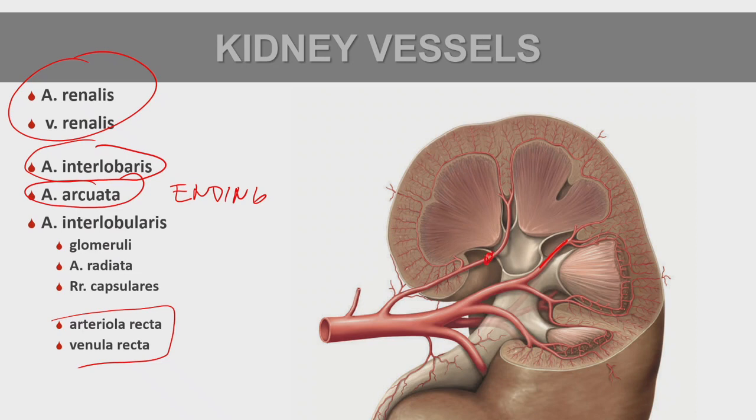And when this vessel is occluded, then the whole territory is ischemic, forming an infarction, forming a scar after infection, etc. So it's a little bit similar to the spleen, because the spleen has also ending vessels. It's not a functional ending, it's a real ending of vessels.